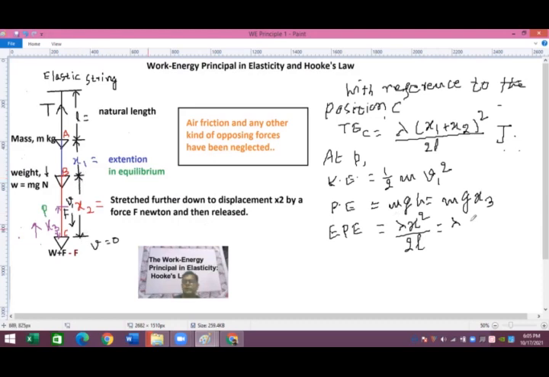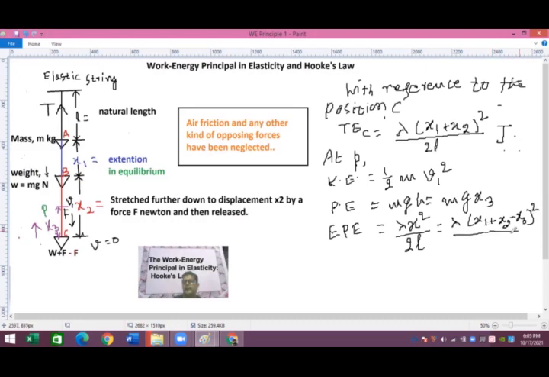So from x1 plus x2, this extension has been reduced by x3 at this position P, so you can write here minus x3. So the extension at point P is in fact x1 plus x2 minus x3.